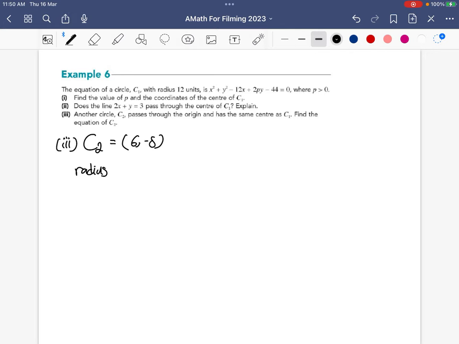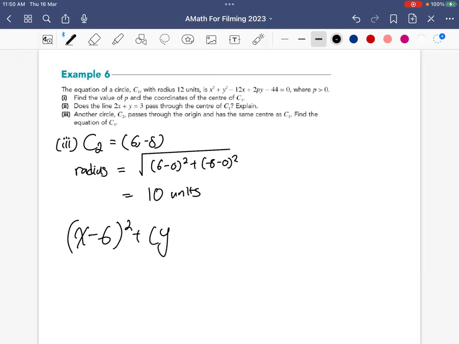Since the circle passes through the origin, the radius is the square root of (6 minus 0) squared plus (negative 8 minus 0) squared. My radius is 10 units. Hence, the equation of C2 will be (x minus 6) squared plus (y plus 8) squared equals 10 squared. And that is the equation of C2.